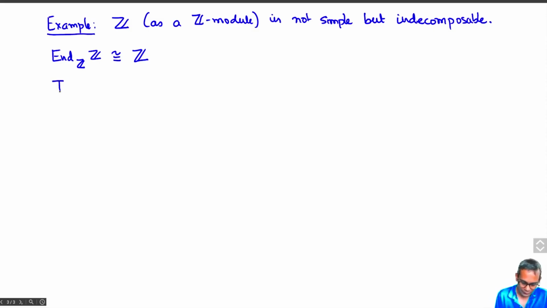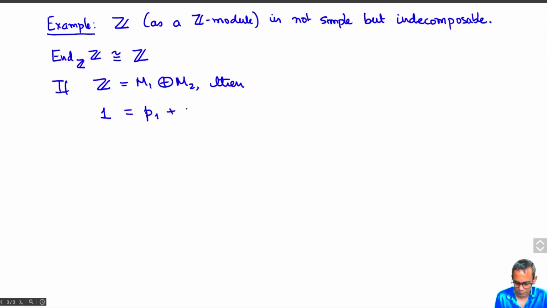So if Z is M1 plus M2, then what we would have is 1 in Z, that's the identity map from Z to Z, would be equal to P1 plus P2, where P1 squared is P1, P2 squared is P2, P1 P2 is 0, P2 P1 is 0.